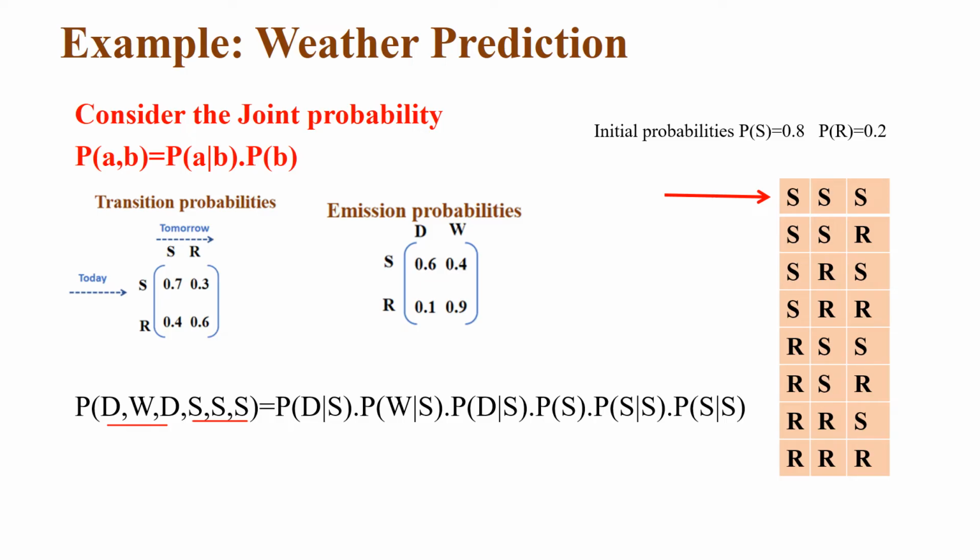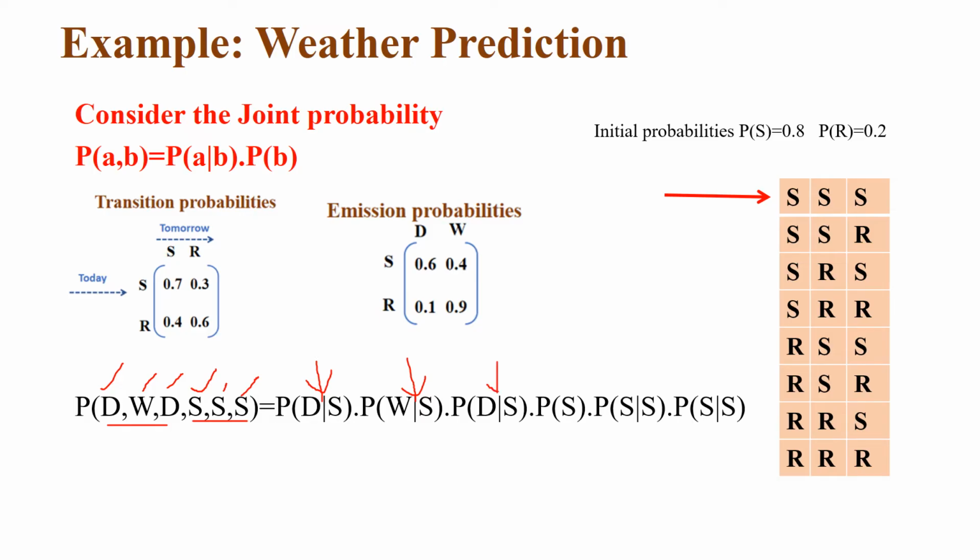This is computed in this way. The probability of dry given sunny is the first term, the probability of wet given sunny is the next, then the probability of dry given sunny is the next.